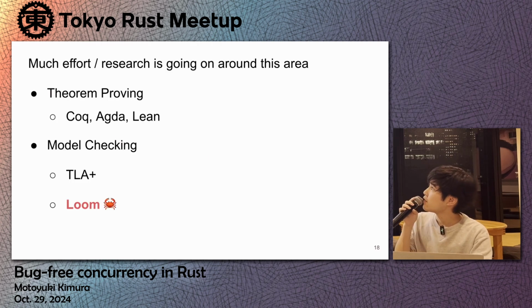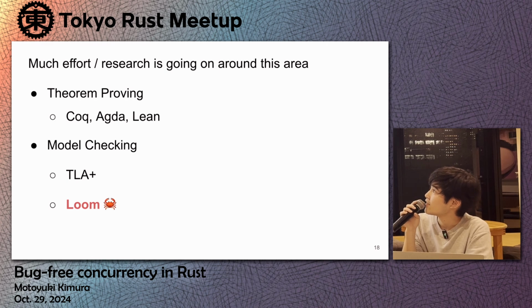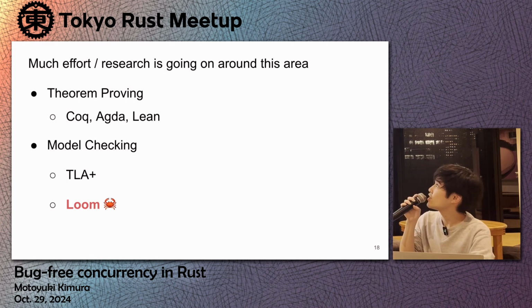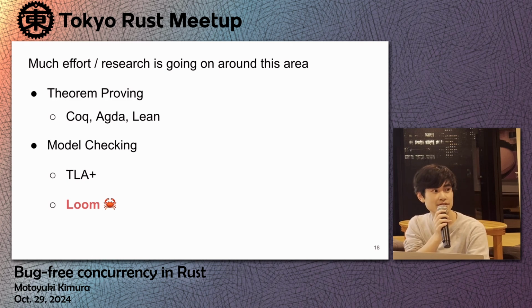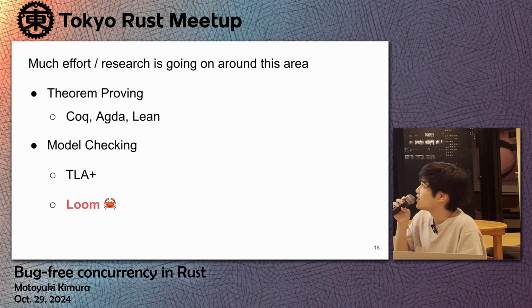But is that possible? It sounds really complex, but in fact, there is some effort and research going on around this area. As far as I know, there are broadly two categories.